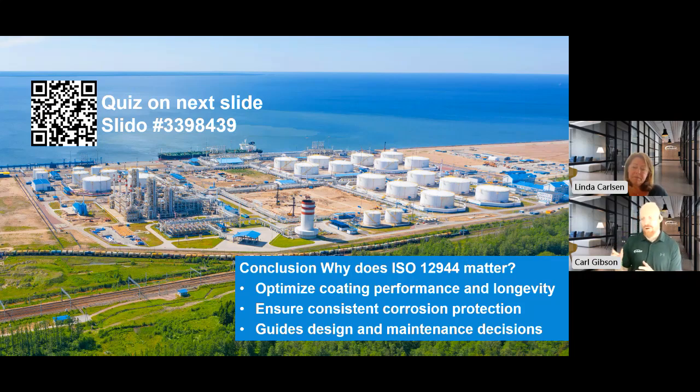Notice I'm saying right for what they need, because sometimes people may want the longest lasting system. Equally, some people might just need maintenance to cover them for the next 7 to 15 years. But by manufacturers putting their products through this testing, they can clearly prove to owners how long the coating system should last based on the testing that's done behind it. And it allows people to compare side by side.